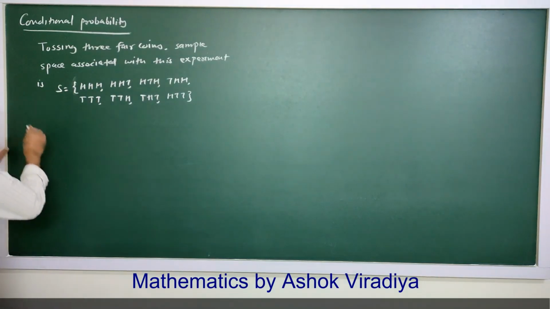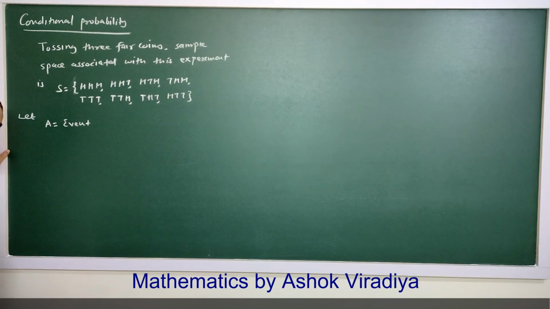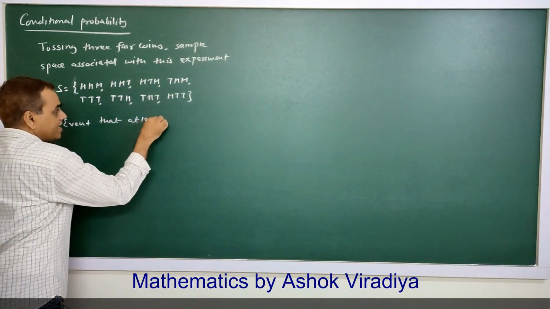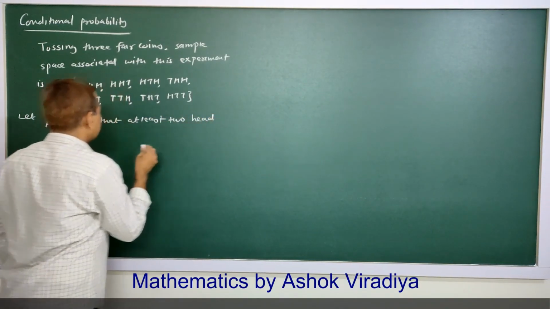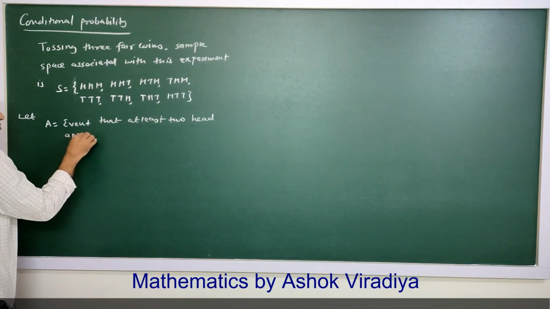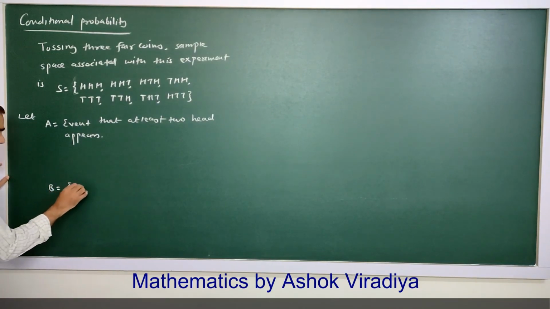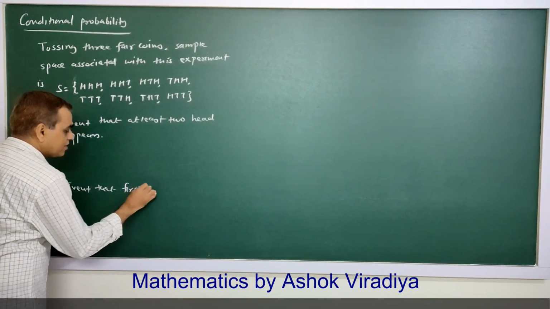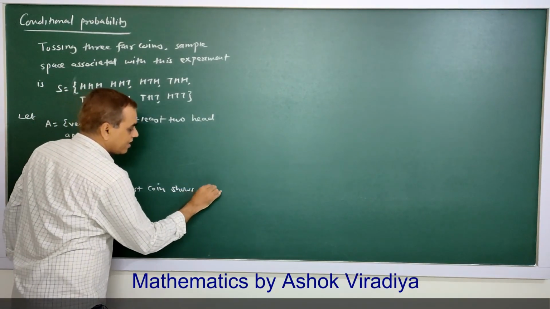Now let me take A as the event that at least 2 heads appear and B is the event that first coin shows tail.